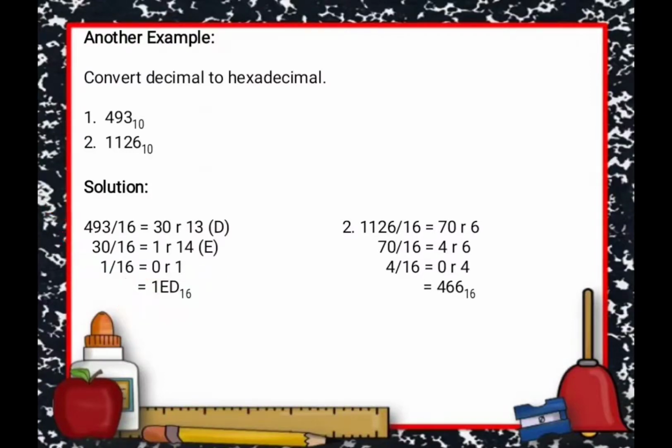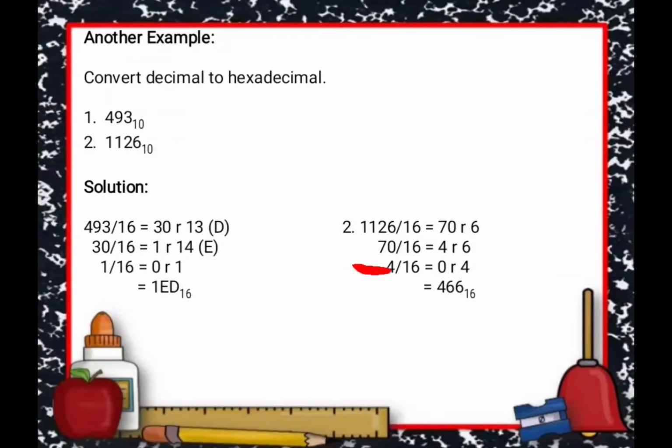Okay, let's have number 2. 1126 decimal number, convert it into hexadecimal. 1126 divided by 16 is 70 with the remainder of 6. Then 70 divided by 16, we have 4 with the remainder of 6. Then 4 divided by 16, we have 0 with the remainder of 4.